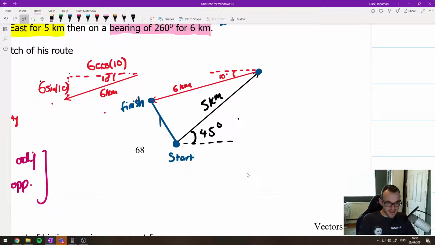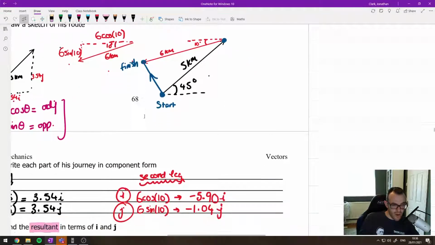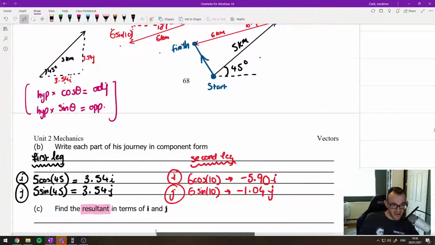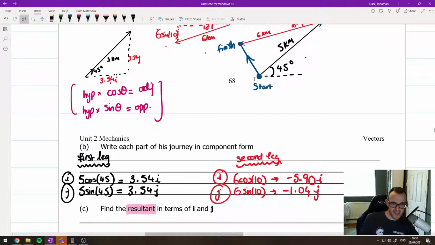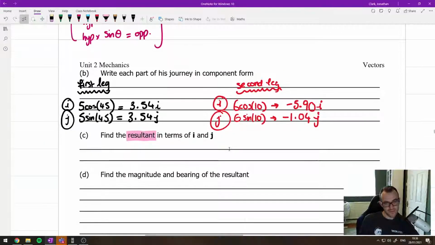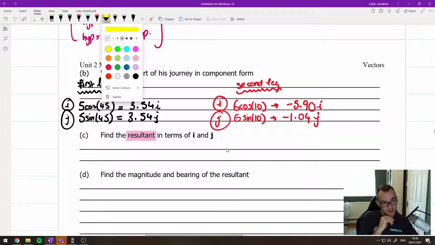And we've done something like this in terms of displacement. So what we're interested in is finding how far did we go across from our starting point and how far did we go up from our starting point. To get that, we're just going to combine these individual components.